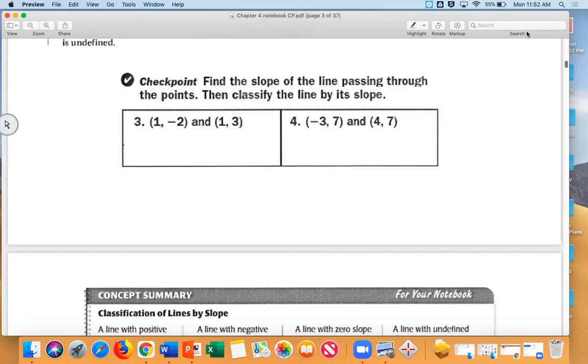What are you writing it down on? I don't know. You don't have paper or pencil? Can I write on this thing? I don't know.